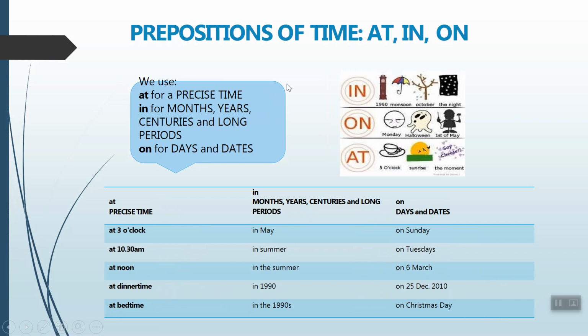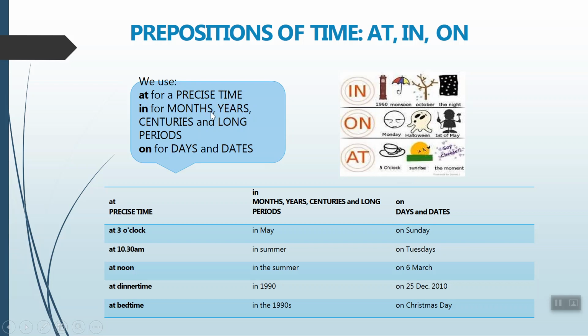Here we have prepositions of time. In this photo you see in, on, at. For example, in 1960, on Monday, at 5 o'clock. We use at for precise, exact time.